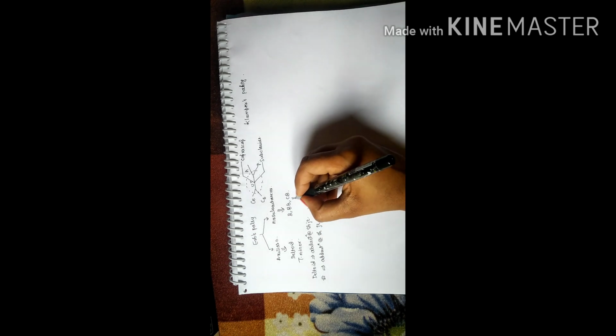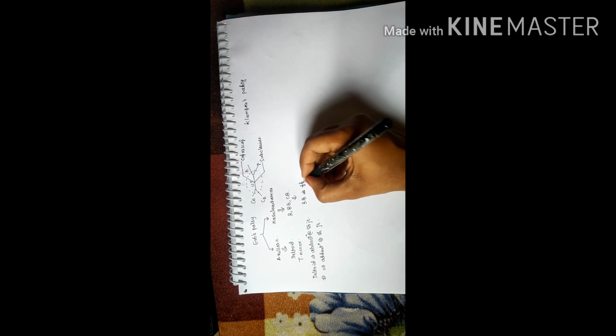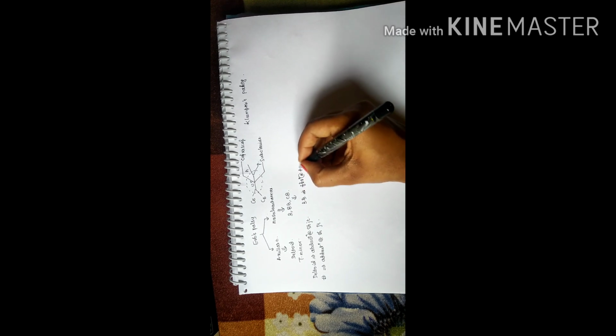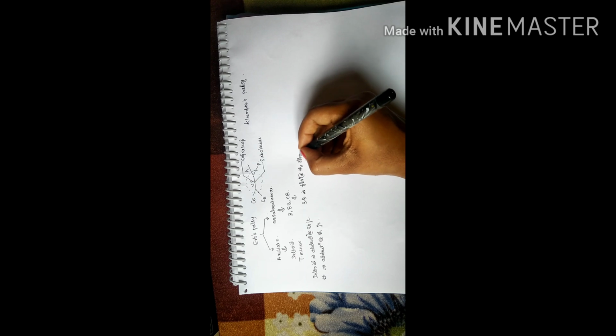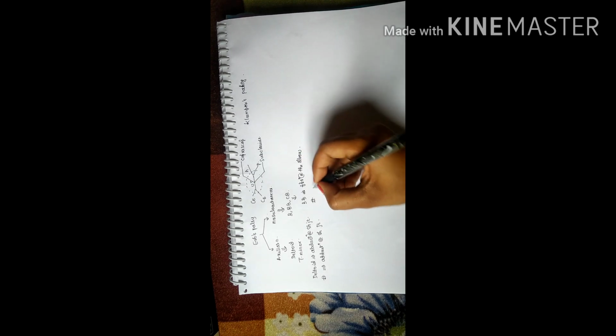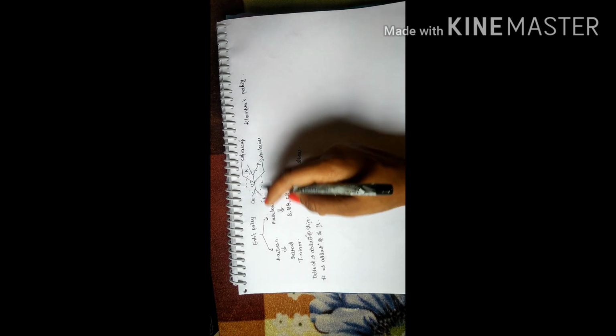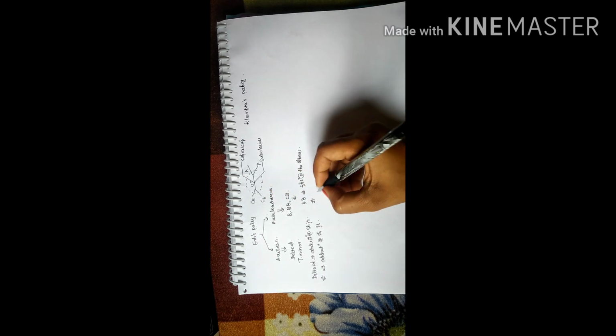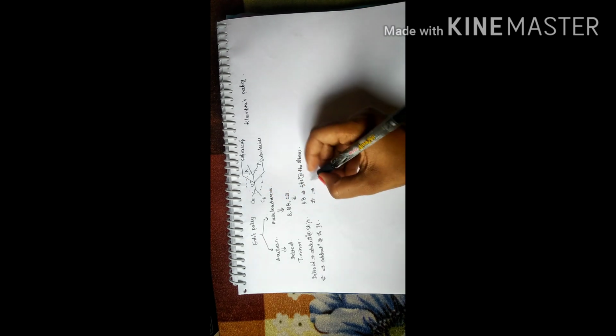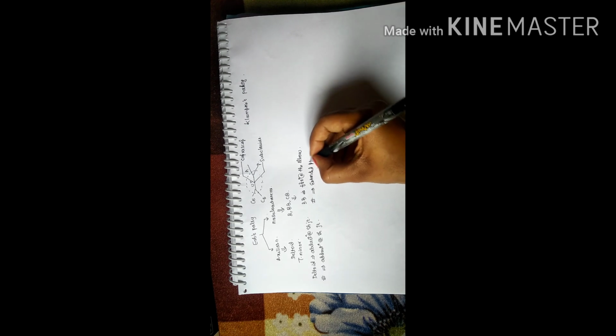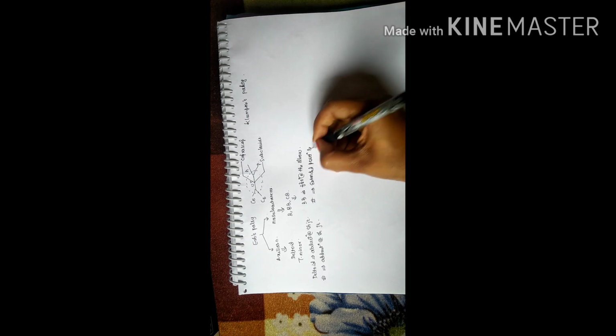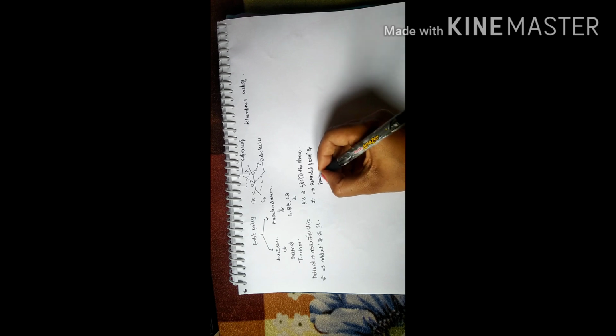Whereas biceps brachii's function is flexion at the elbow. Lesion of the musculocutaneous nerve results in biceps brachii weakness, so the arm will now be in extended position and pronated form.